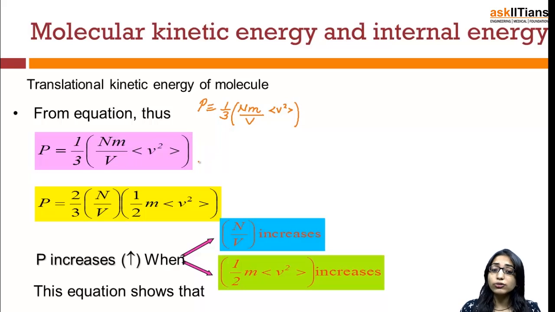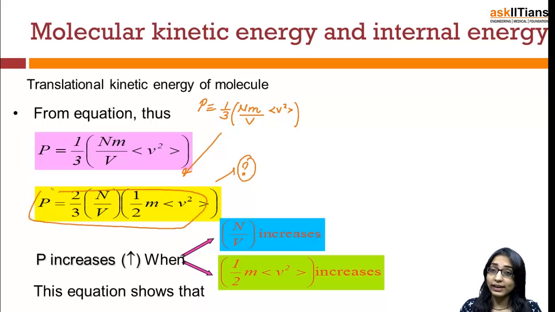Now if I ask you to simply divide and multiply the above equation by 2, you will say P is nothing but 2 by 3 into N by V into 1 by 2 m v_rms squared. Now the question arises, why am I doing so? I basically want to get a term like half m v squared which I can correlate to the kinetic energy of the molecule. If I look into this equation, I can analyze this.